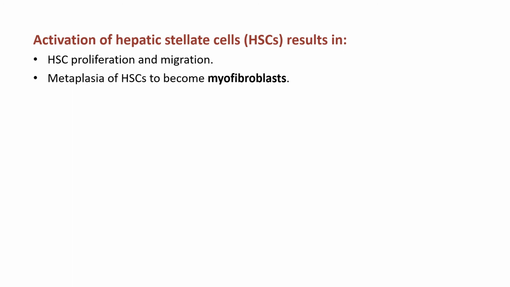The HSCs go through metaplasia. They change from being HSCs and they become more like myofibroblasts. Fibroblasts, of course, secrete collagen. Myofibroblasts secrete a very elastic form of collagen. They're the ones that we talked about way back as being responsible for pulling wound edges together so as to facilitate repair, so there's less of an area to repair after tissue damage.